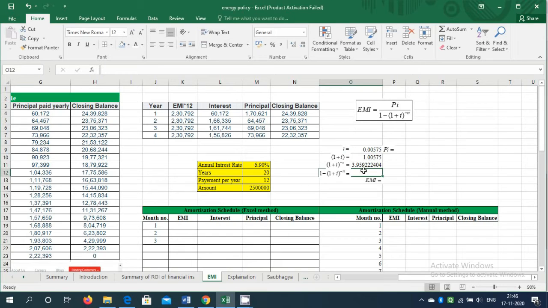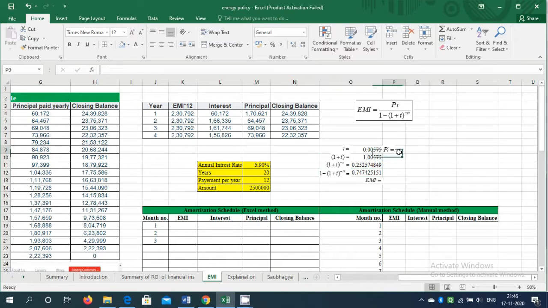So I got this, and then for this part I'll calculate equal to 1 minus this one. Yes, it is minus 240.